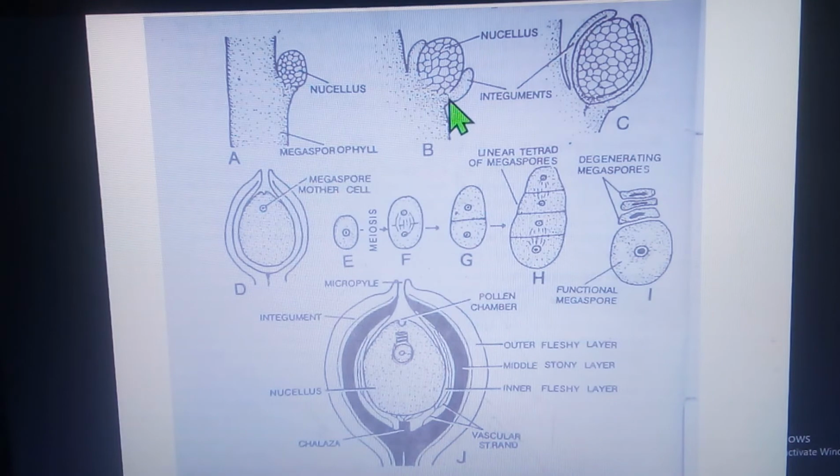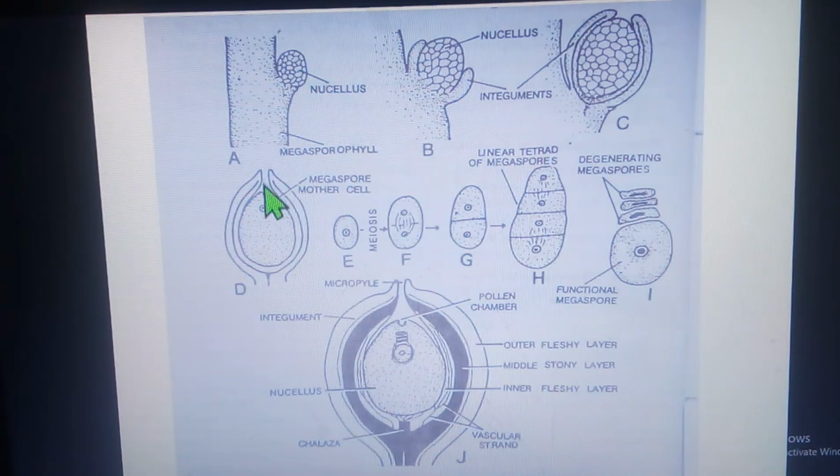You can see here in figure B, this is a ring-like integument. As you can see in figures B and C, it continues to divide and grow, but it does not completely cover the nucellus. Instead, it leaves a small opening at the top, as you can see in figure D as well.